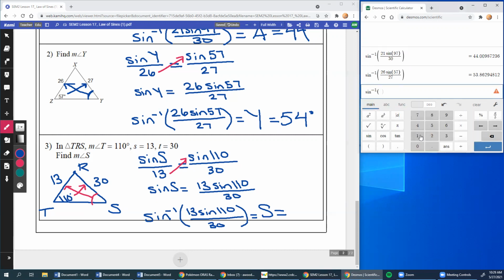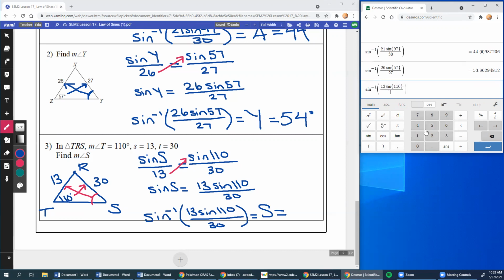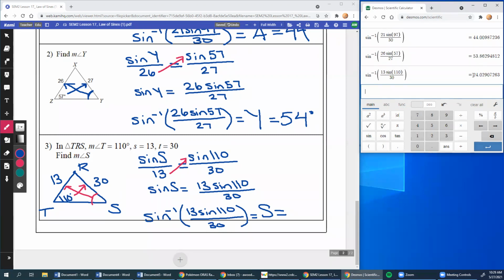Inverse sine of 13 sine 110 divided by 30 is equal to, and there we go, 24.0. So we are going to keep it at 24 degrees.